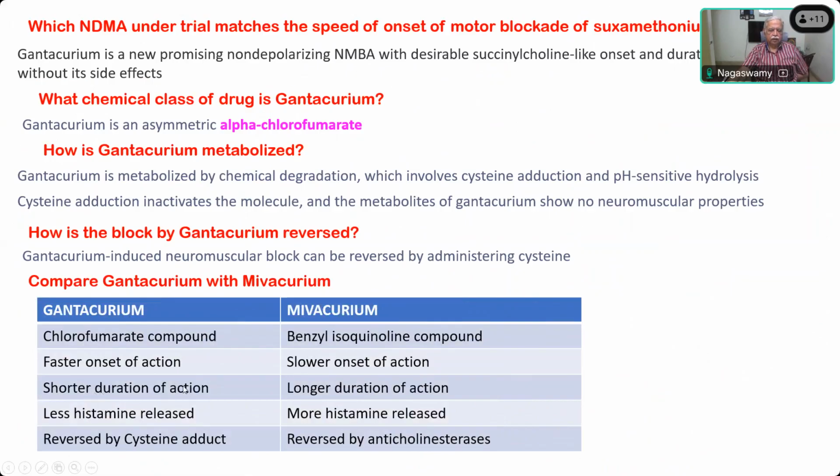Gantacurium is a very short-acting drug, whereas mivacurium is longer acting. It has less histamine release, whereas mivacurium has more histamine release, and it is reversed by cysteine adduction, whereas mivacurium can be reversed by your neostigmine or other anticholinesterase.